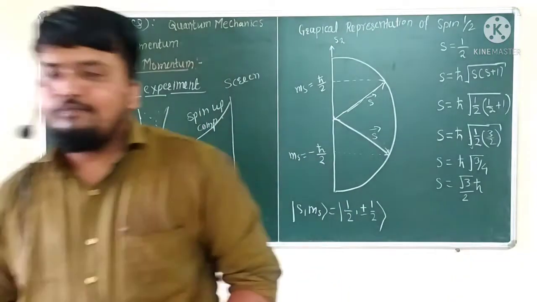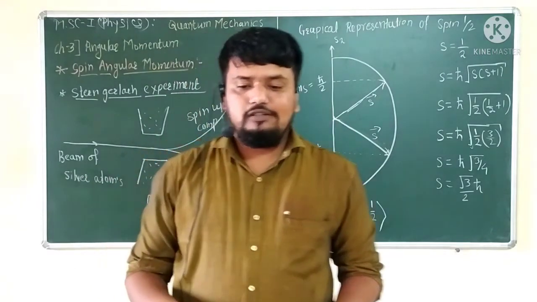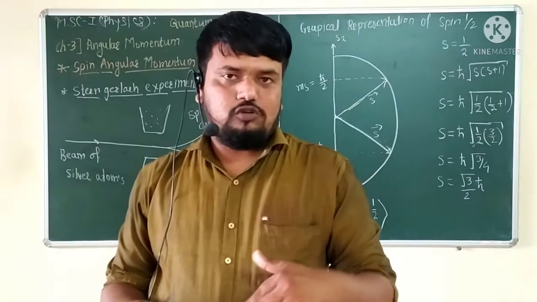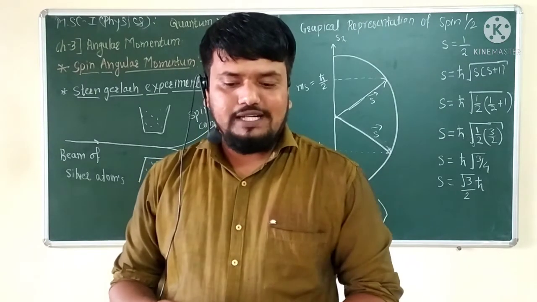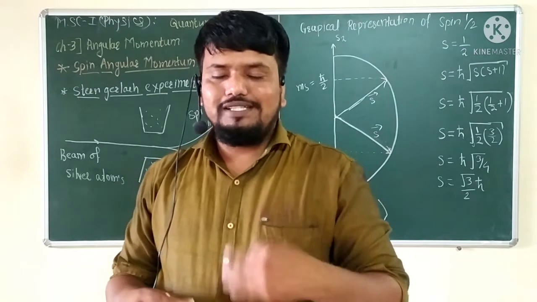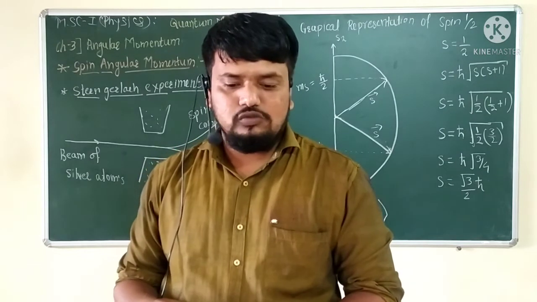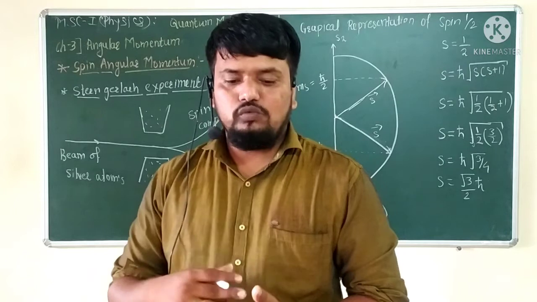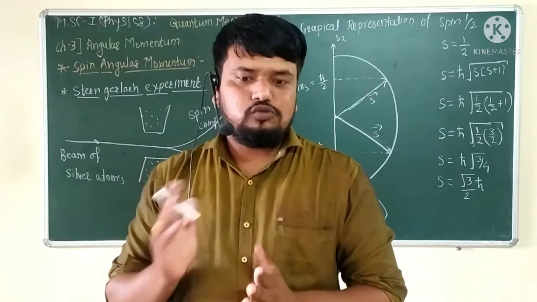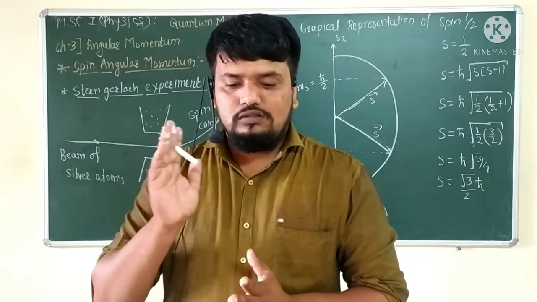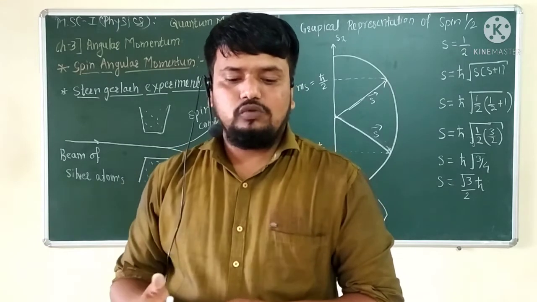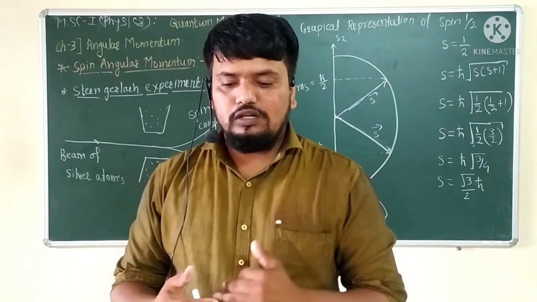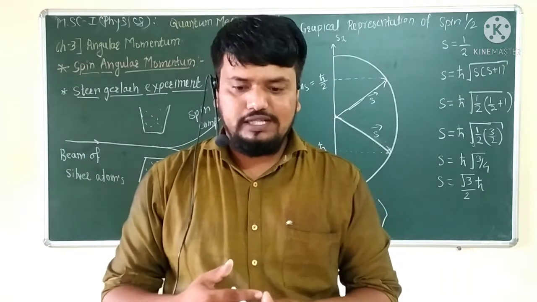And if we see this Stern-Gerlach experiment, the beam of silver atoms is passed through an inhomogeneous or non-uniform field. If the field were along the z direction, we would expect classically to see on the screen a continuous band that is symmetric about the undeflected direction along z.